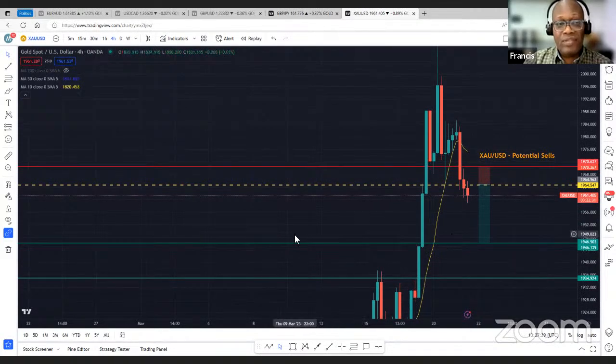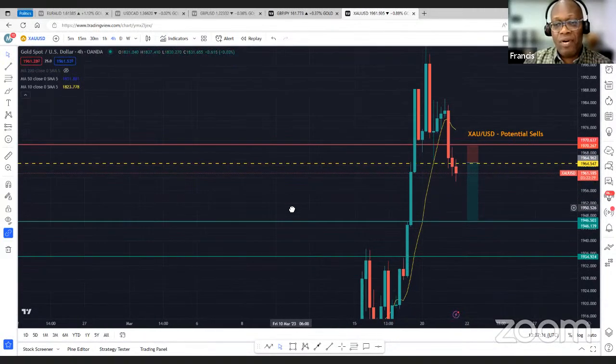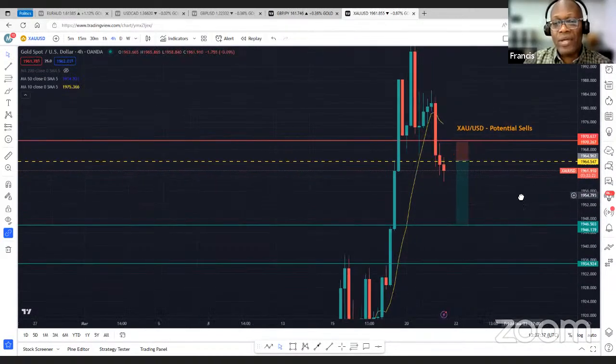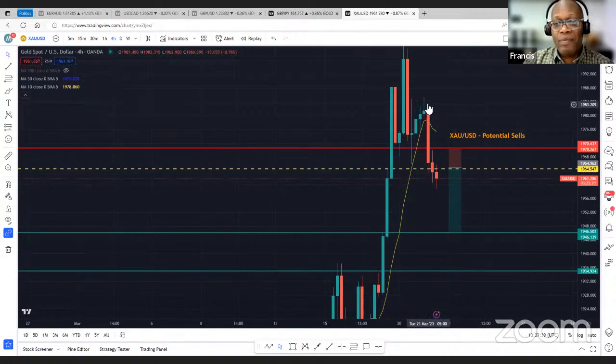Okay, so looking at the 4-hour time frame as well, this is exactly what I was telling you a while ago. When there's a big move in one direction, expect it to push down, equaling that size of the move.